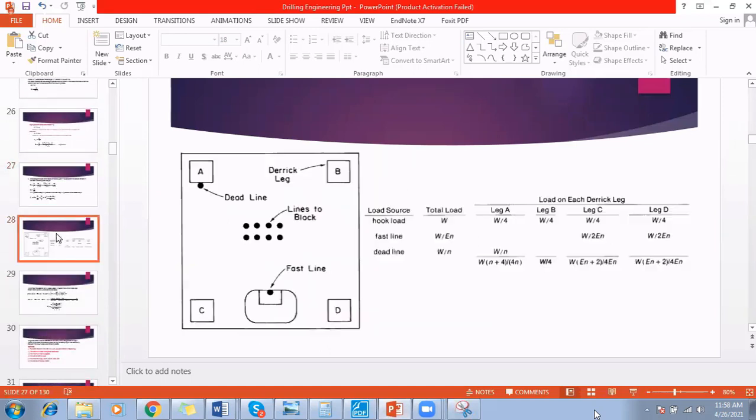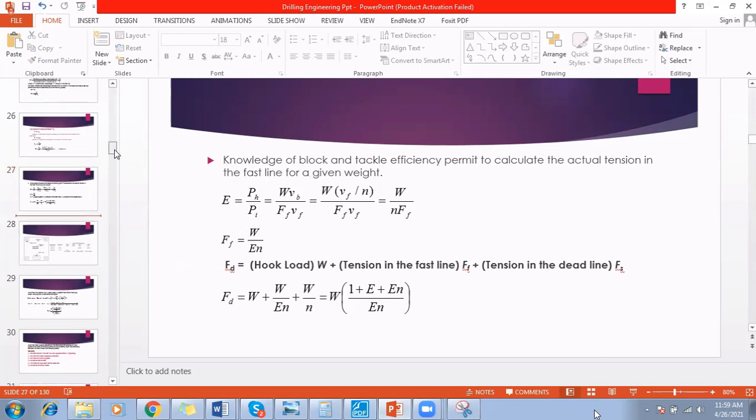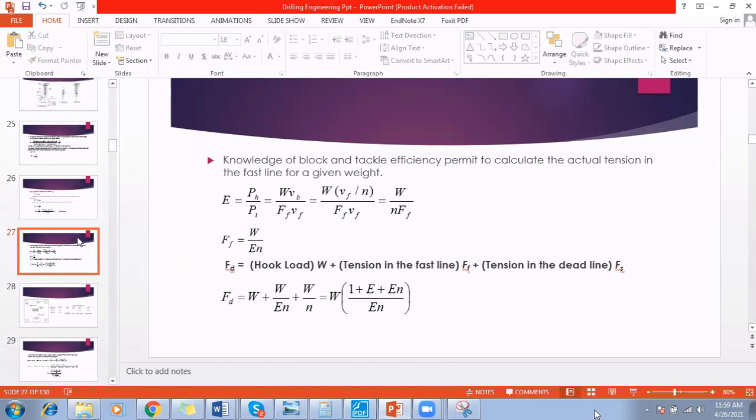Okay. So in our next session, we will study how this load is distributed on the derrick floor. We will discuss this later. So we will end our session here, up to the calculation of the total loads of the derrick.